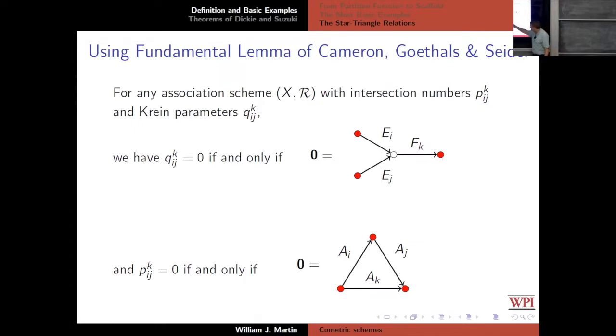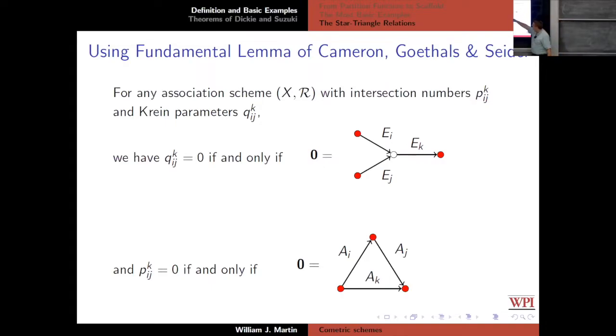So if I fix a vertex X, a vertex Y, and a vertex Z in my association scheme, the only way that elementary tensor can contribute something non-zero is if X is I related to Y, Z is K related to Y, and Z is J related to X. Otherwise, that's zero. And if there are no such triangles in the association scheme, then every single component is zero. So therefore, the entire tensor is zero.